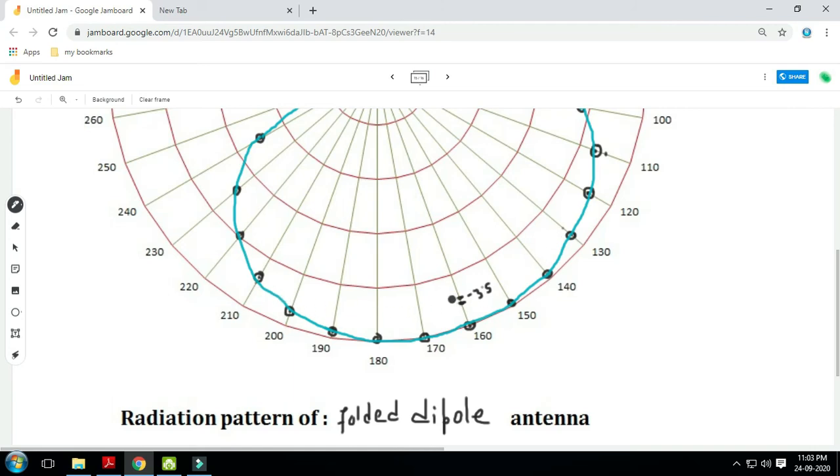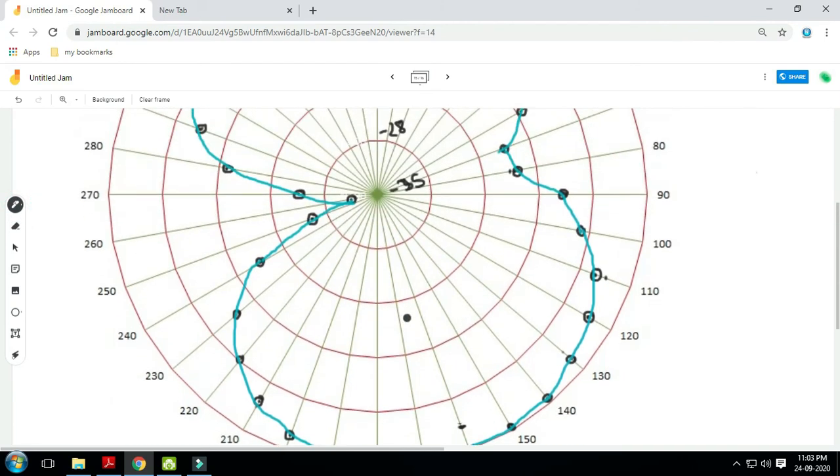dB line. Okay, so I just put a mark here, and what we have to do, you just take the radius measurement from center to this 3 dB down point.